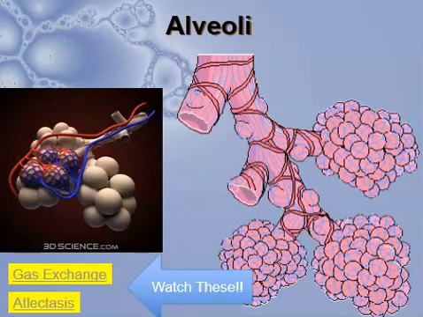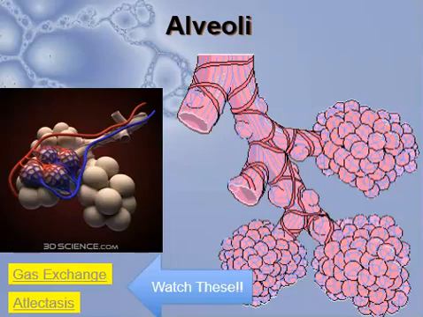All right, so we talked about that the infant and small children have fewer alveoli, so there's less area for gas exchange to take place. Signs and symptoms that there is a problem.